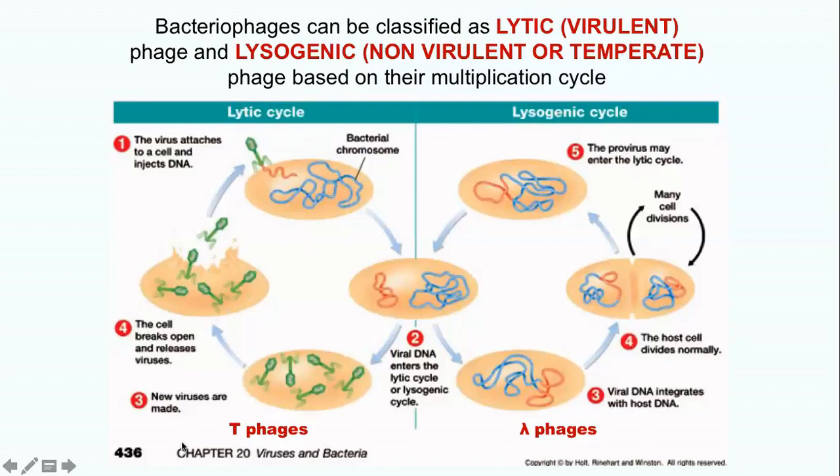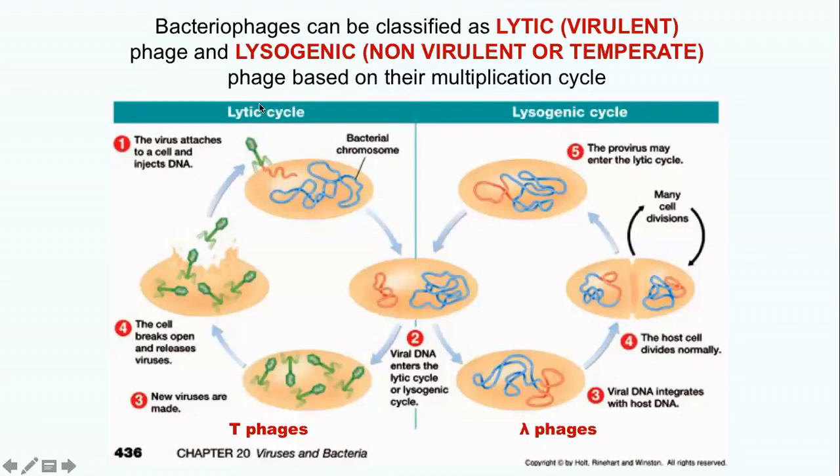So the T phages follow the lytic cycle, and they are known as the virulent phages. In the case of the temperate phages, or the non-virulent ones, they follow the lysogenic cycle. So what happens in the lysogenic cycle? In this case, it is followed by lambda phages. The phage comes, lands on the bacterial cell, and injects its viral DNA into the bacterial cell.